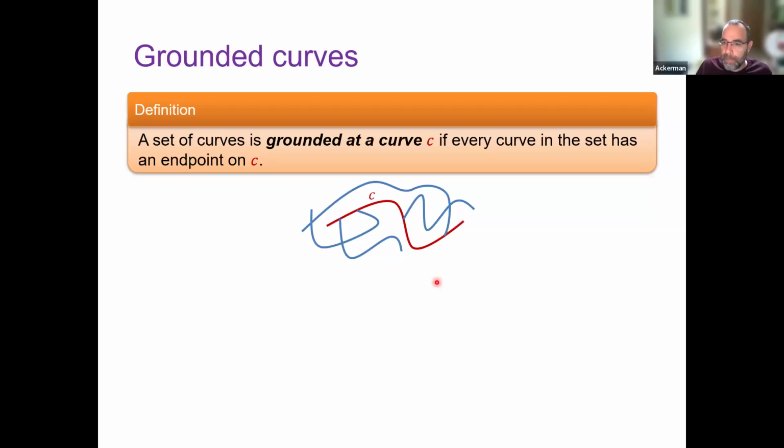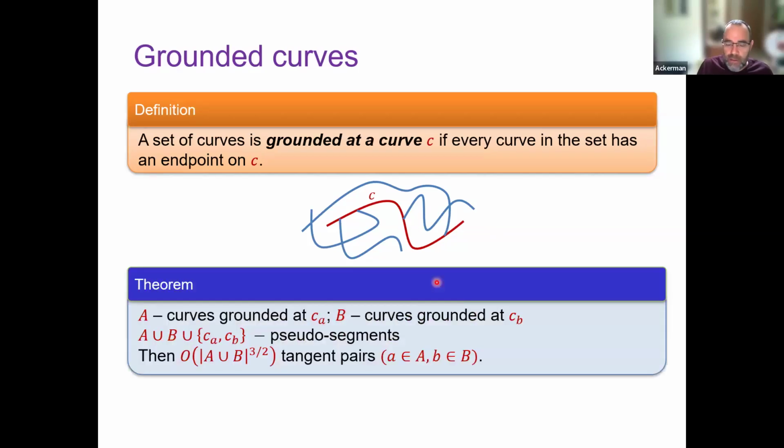So these curves are grounded. And for the special case of one set of curves which is grounded at one curve, and another set of curves which is grounded at another curve, such that all the curves together form a family of pseudo-segments, then we have an upper bound on the number of tangent pairs from different sets, which is the total size of the sets to the power of 3 over 2. So this is one ingredient of the proof.